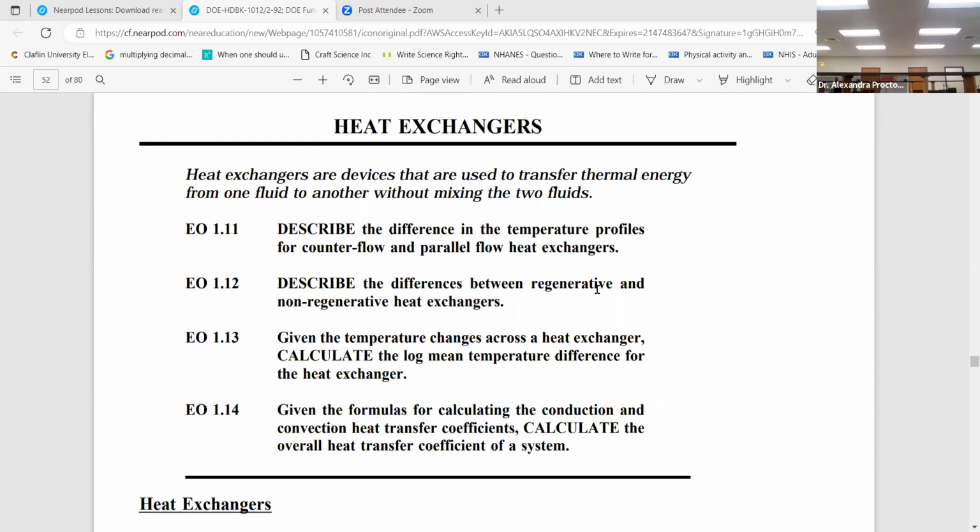They want you to be able to calculate the log mean temperature difference for the heat exchanger, and given the formulas for calculating the conduction and convection heat transfer coefficient, calculate the overall heat transfer coefficient of a system.